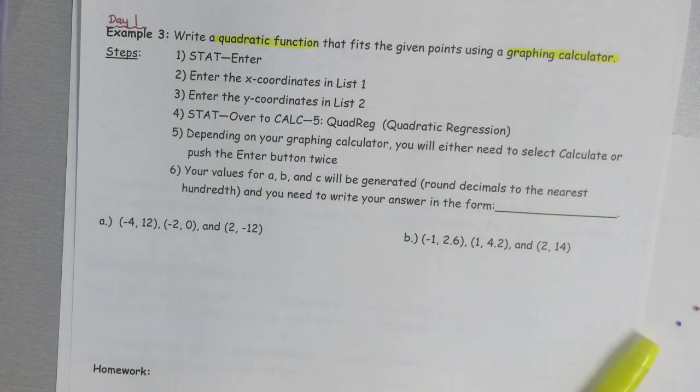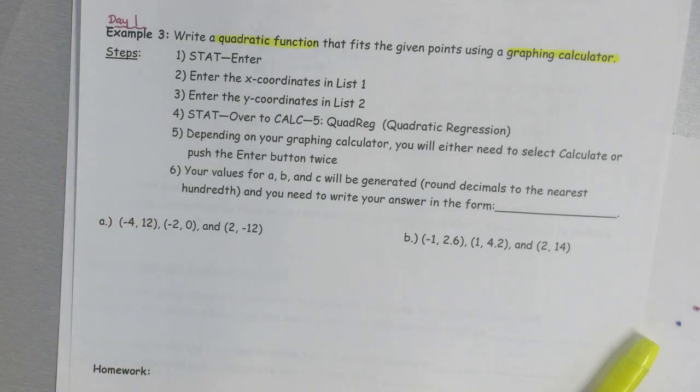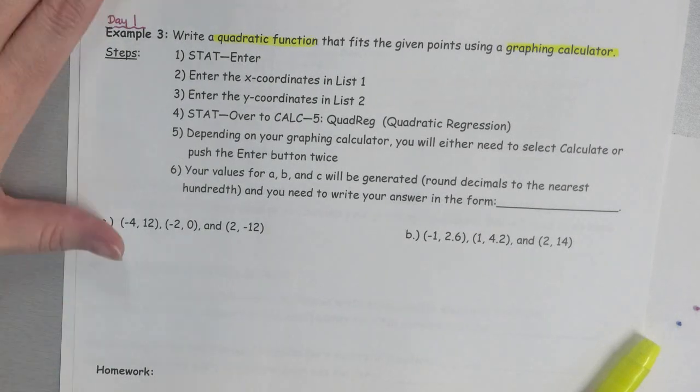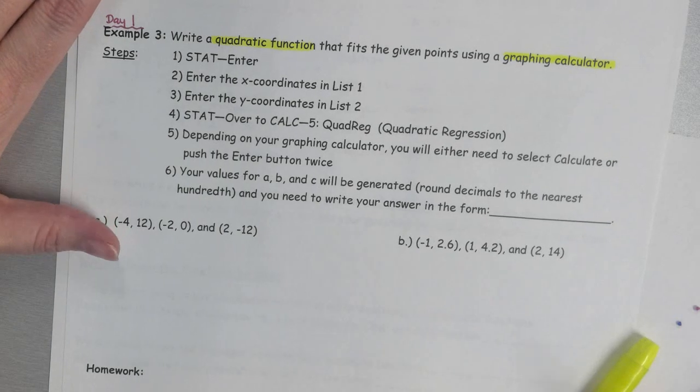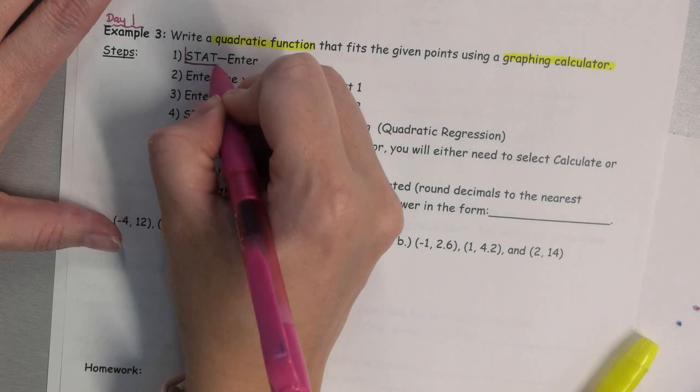Okay, so you do need your graphing calculator. Okay, and then I'm going to go through the steps with you, and then we're going to do them together. So sometimes when there's like a button to push, I'll circle that in a special way. What we're going to do is we're going to use the stat feature.